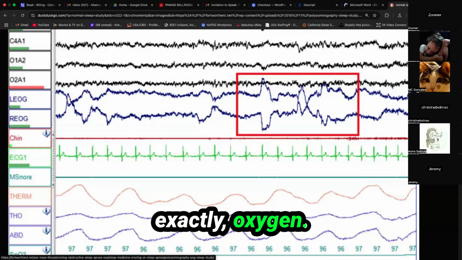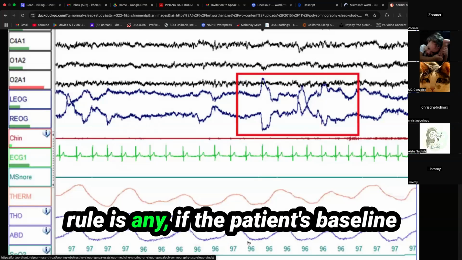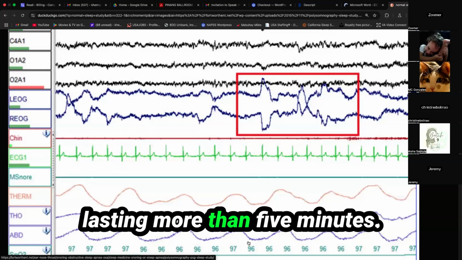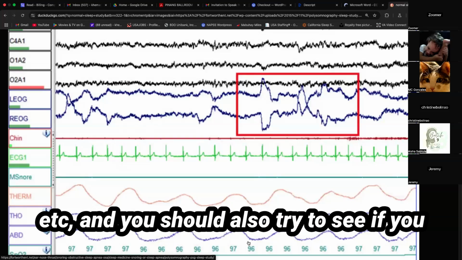Exactly, oxygen. The rule is if the patient's baseline oxygenation is less than 89%, lasting more than 5 minutes, and there is no other evidence of apneas, etc.